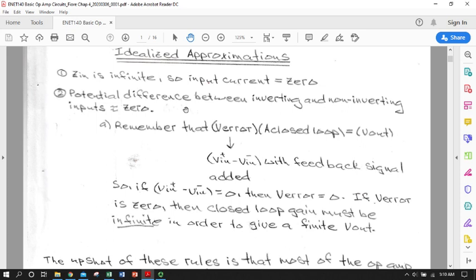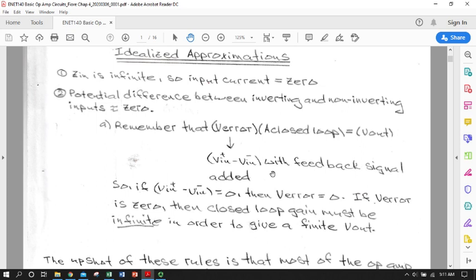In reality, there is a tiny difference between the two. But we are assuming, in our ideal world, that the loop gain from the feedback network is effectively infinite, and so the V error can be zero.